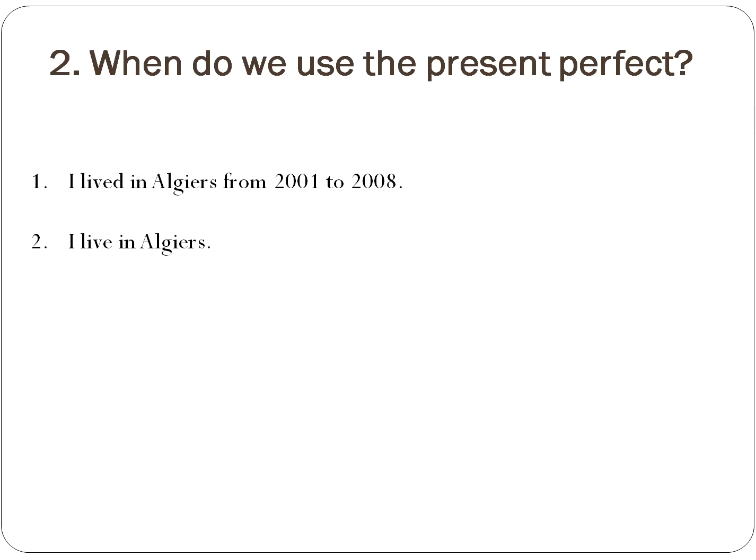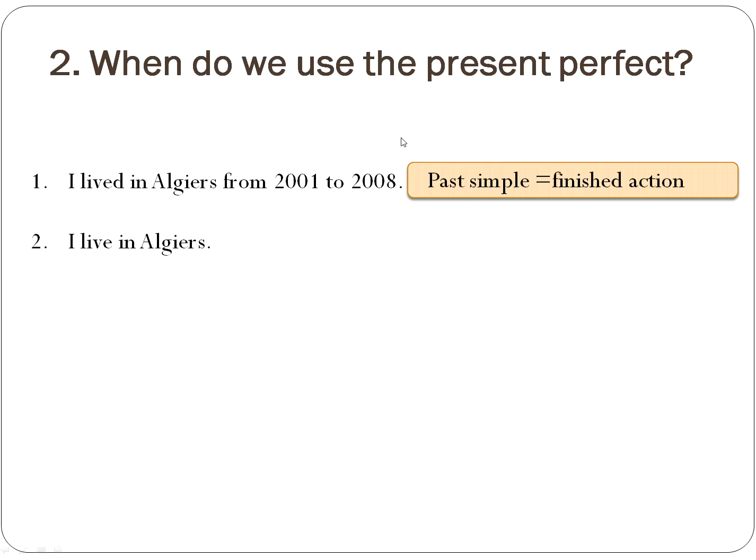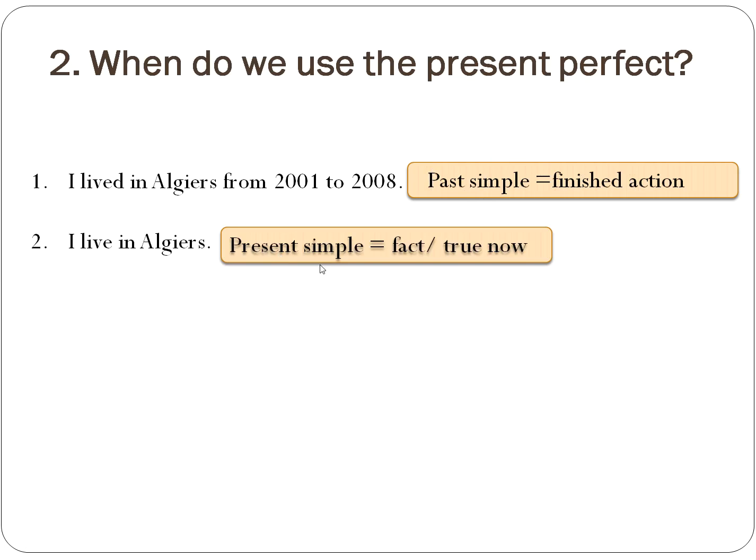It's in the past. I do not live in Algiers in the present, right? So we use the past simple for finished actions. Okay, I live in Algiers. We're speaking about now, so this is a present simple. It is used for a fact. It is true now.